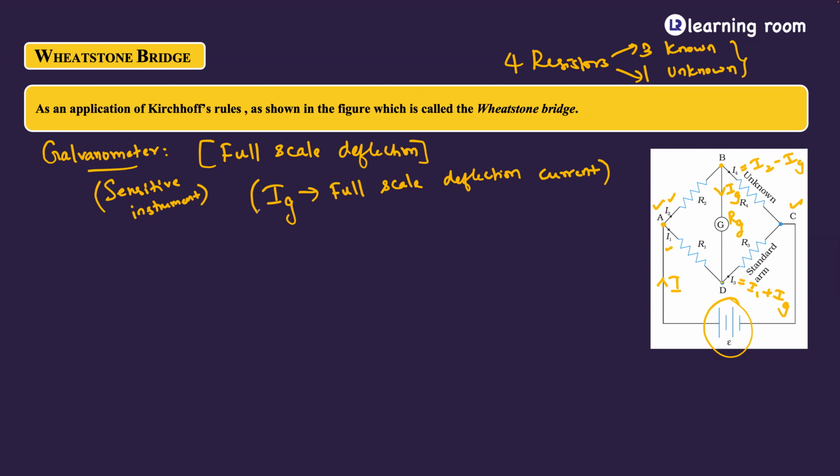Now listen to this. If I take the loop ABDA, because we are saying that this Wheatstone bridge is an application of Kirchhoff's law, what I'm going to do is apply the KVL for the loop ABDA.